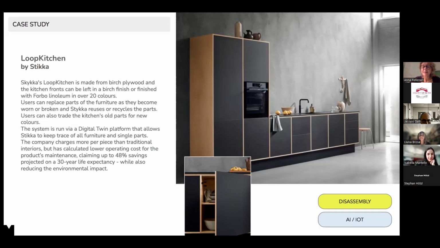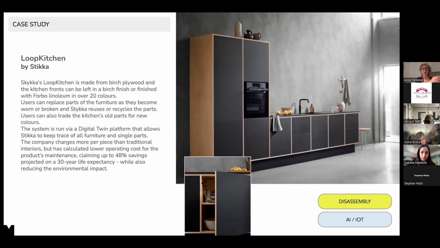So, where maintenance has an important cost, in this case, they have calculated that the costs of maintenance would be reduced over the years, and so the product would, in the longer term, turn out to be cheaper than buying a standard kitchen, a standard product that would then need higher maintenance costs.